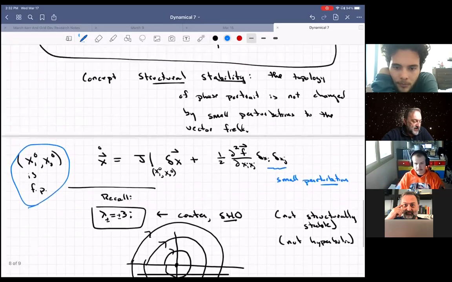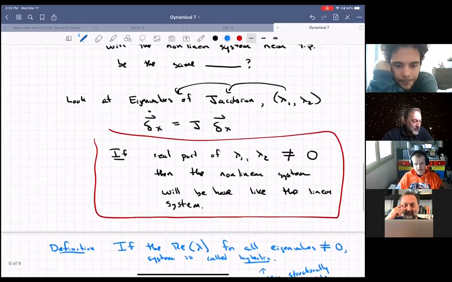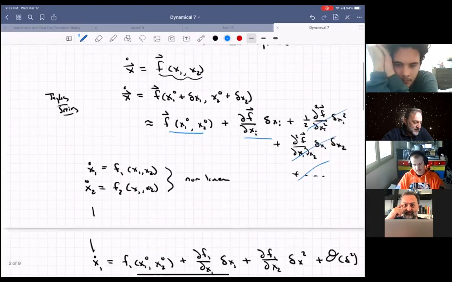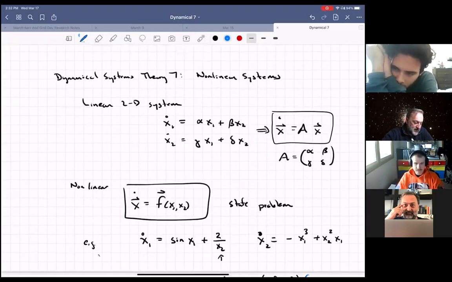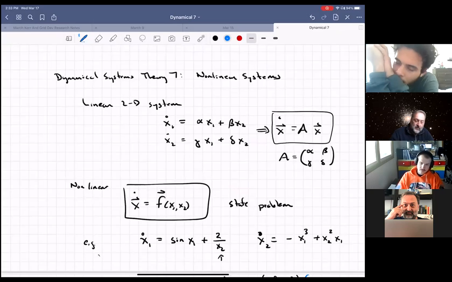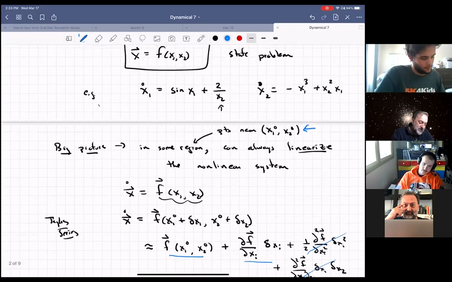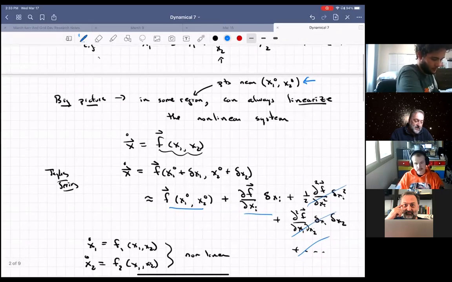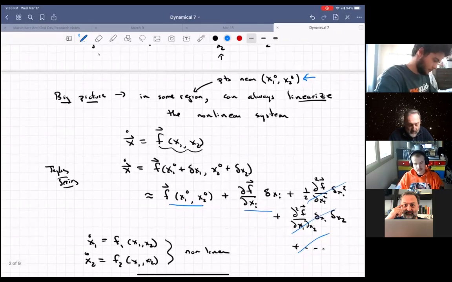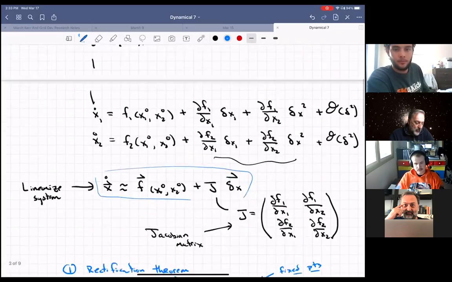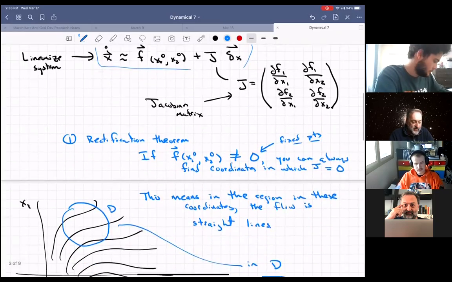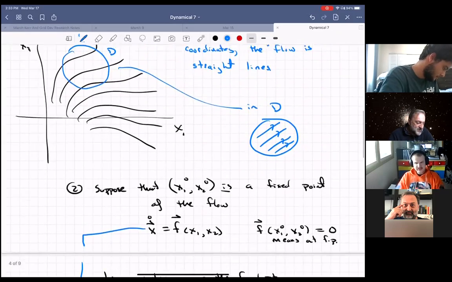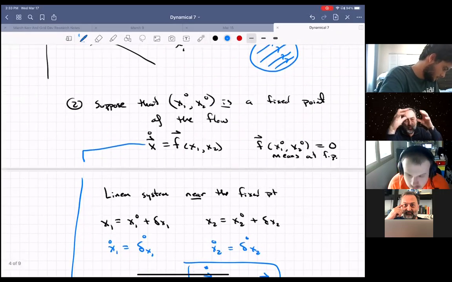So the first point is to understand that if we're thinking about nonlinear systems, so if I'm thinking about some general nonlinear system, the first question is, I can obviously linearize the nonlinear system. One thing you can do with the linearization is you can introduce the rectification theorem. But in dynamical systems theory, what you normally want to do is not look at one small region.